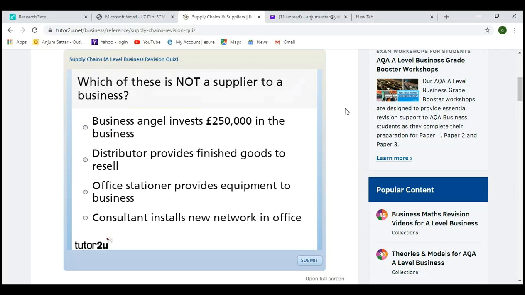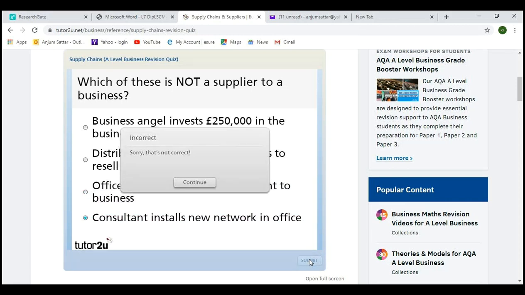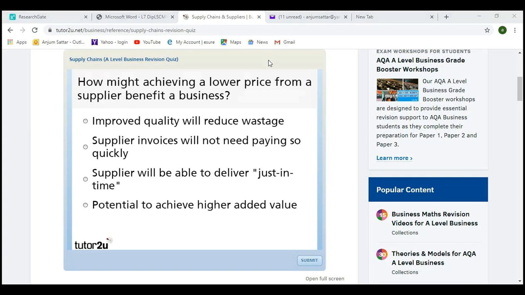Fourth one. Which of these does not apply to a business? Well, we've already attempted last. No, sorry, which one did you say? Sir, I was telling you that me and Hamza have attempted this quiz already with you. Sorry, his voice is cutting off a bit. Okay, let's try the next one.